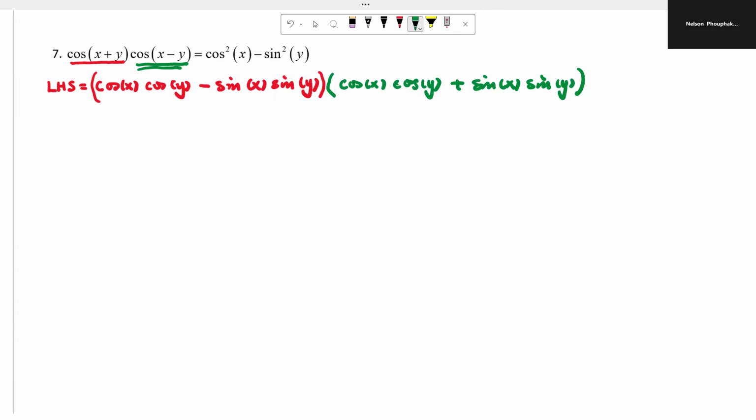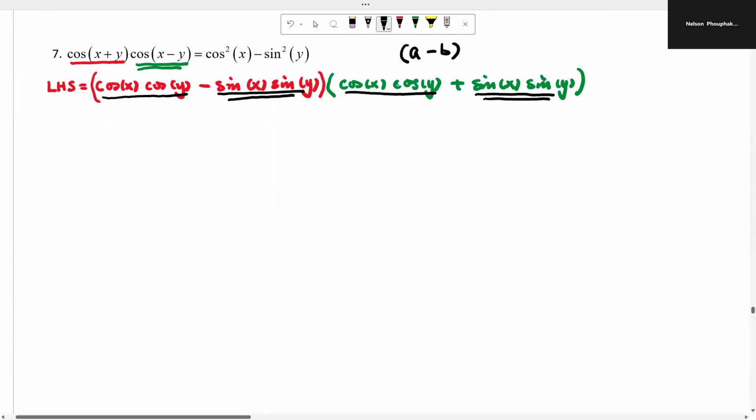Okay. And now you notice that these two expressions are the same, just like the conjugate pair. A minus B, this is A, this is B.